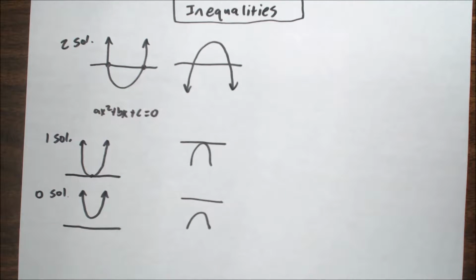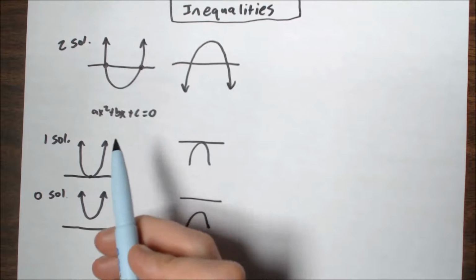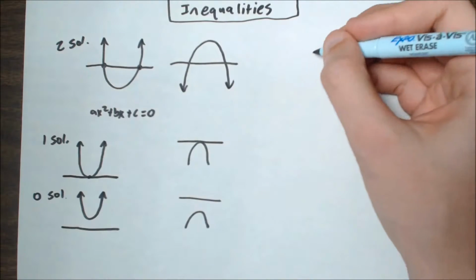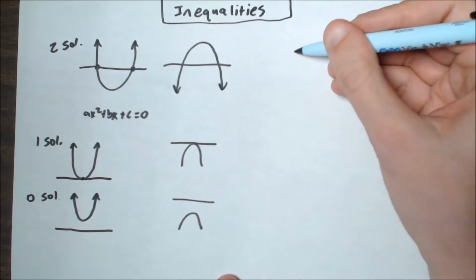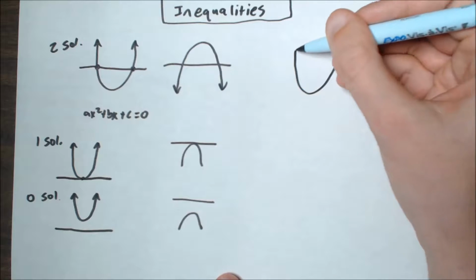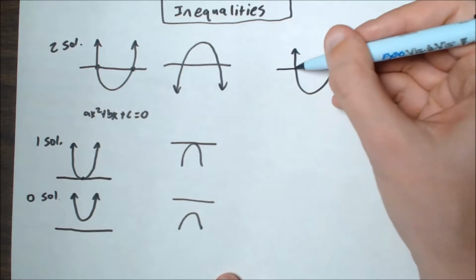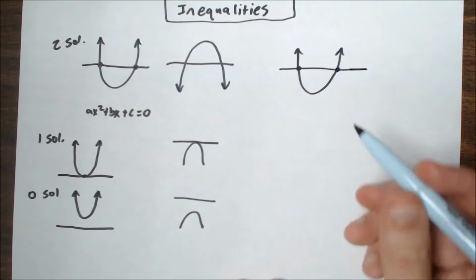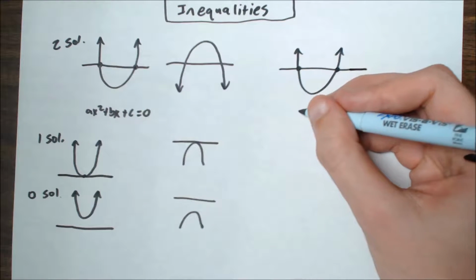So what does it mean when we start talking about inequalities? Instead of saying, where is it equal to 0, maybe I say, where is this graph? Let me draw another one over here. And maybe it crosses in two places like this. And maybe I want to say, where is this?